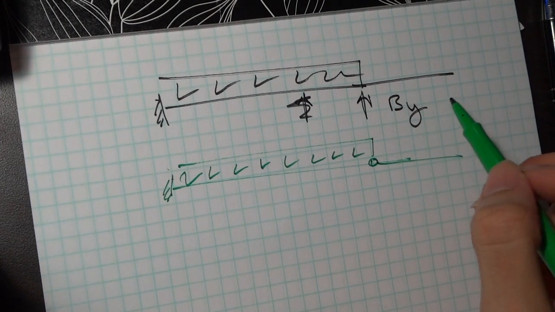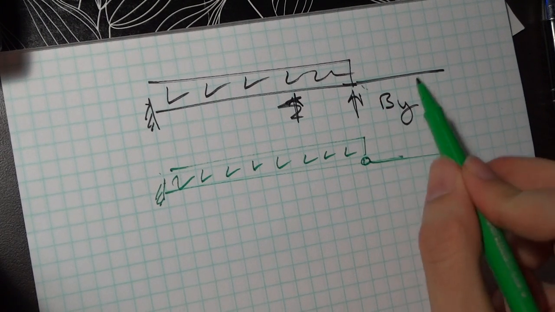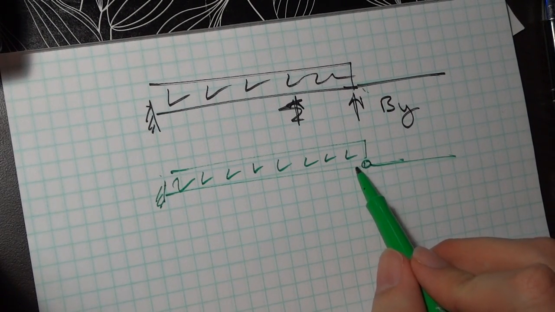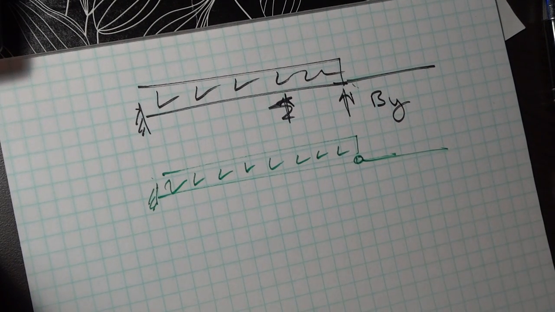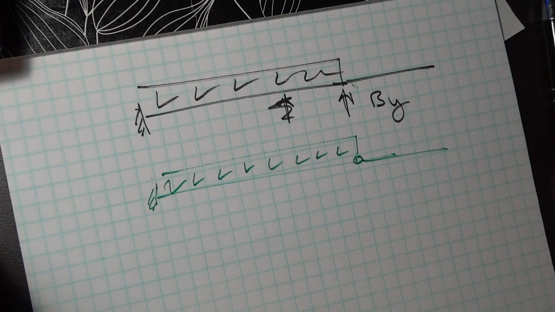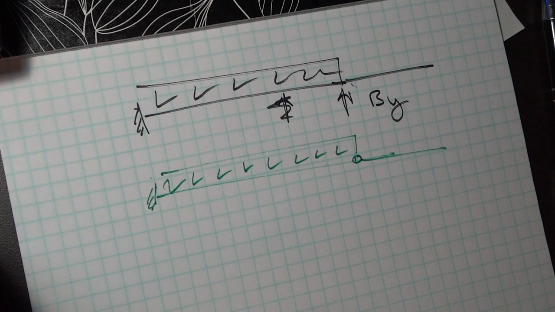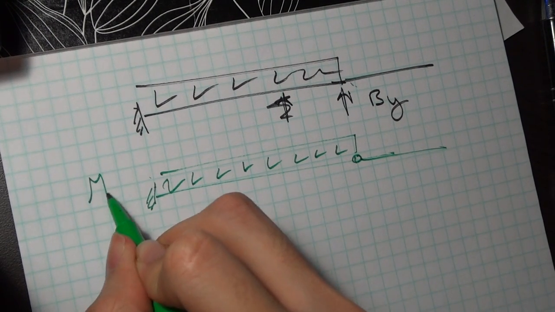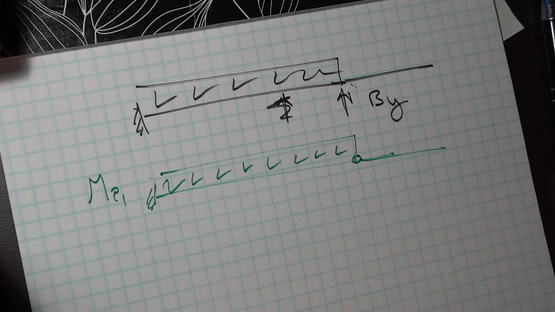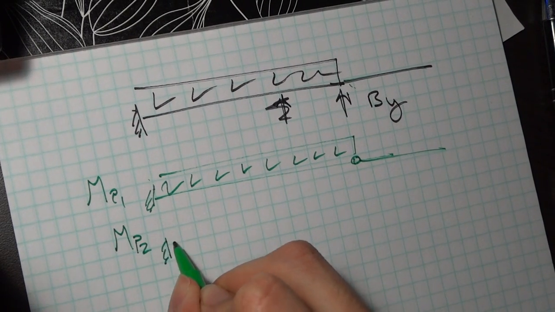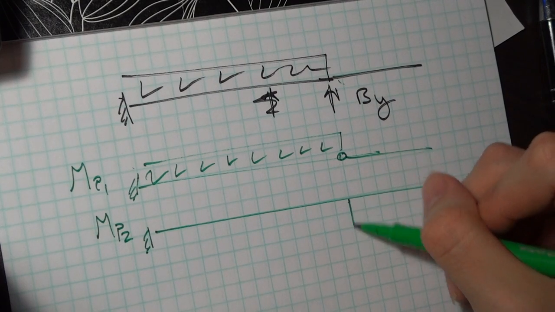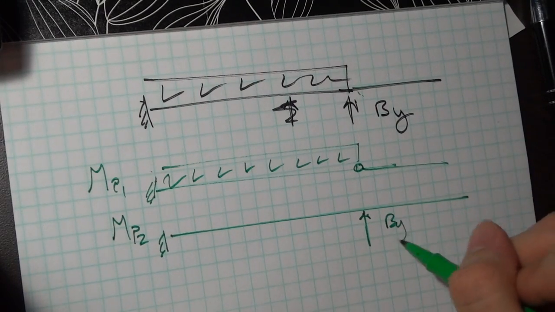It's a free cantilever, so there's not going to be any moment inside this section for any part of this. So this is my P1 system, my MP1, and I also have an MP2 system, and that is due to B1.